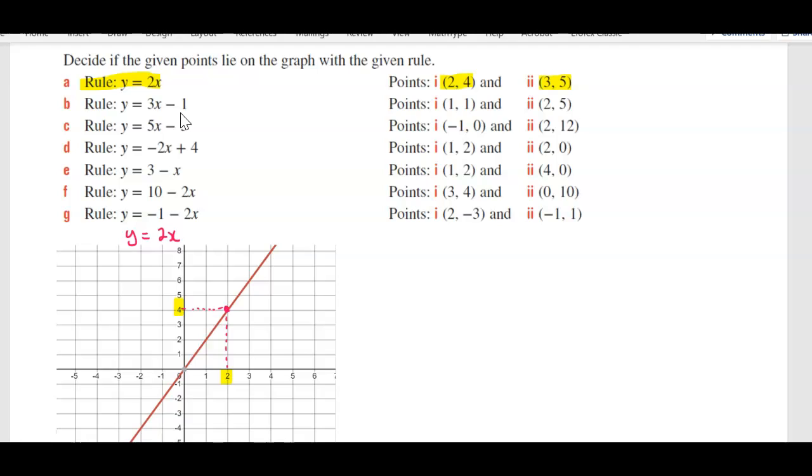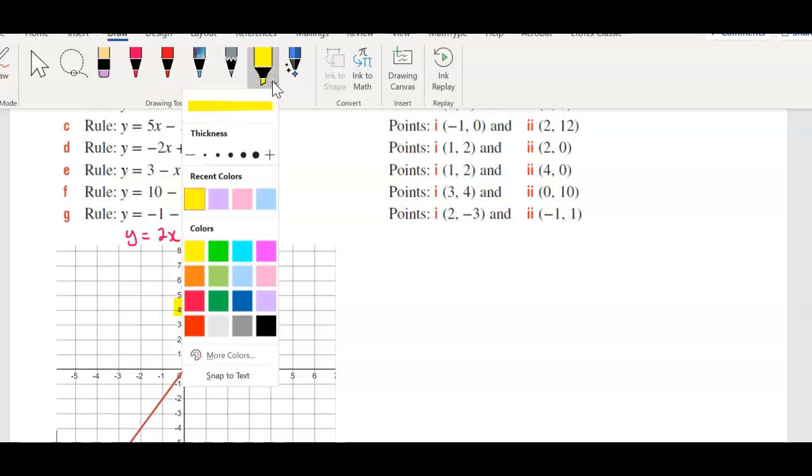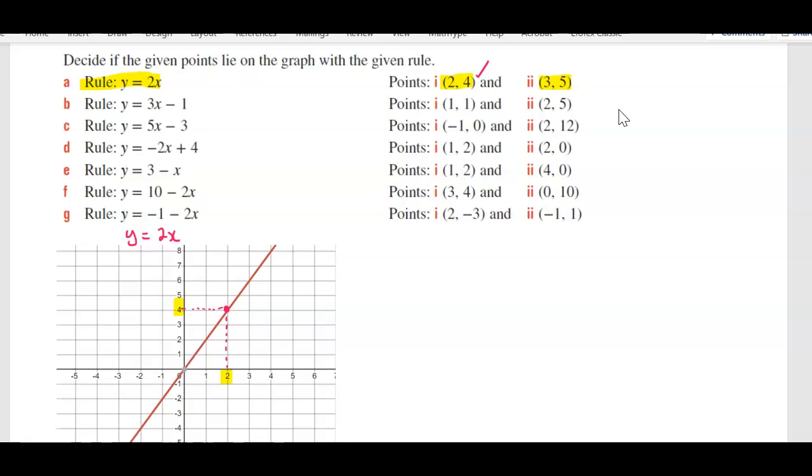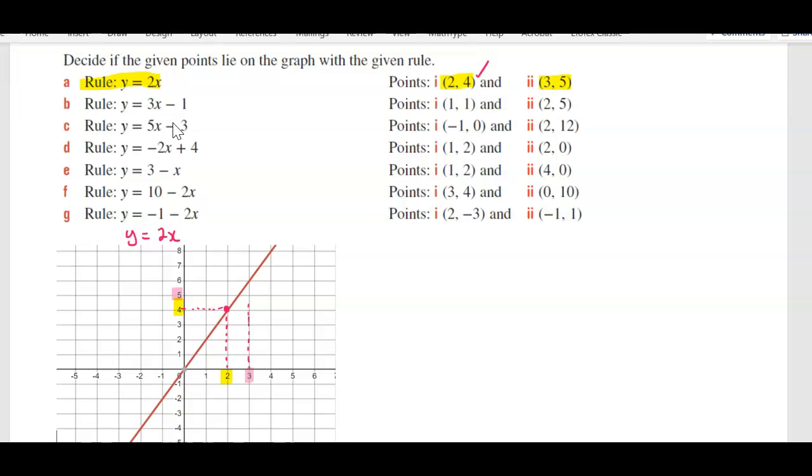And it is on the line. Okay, so we can give that a tick. All right, let's do the next one, 3, 5. So there's 3 and there's 5. And then go up and across. And you'll notice that it's not on the line.